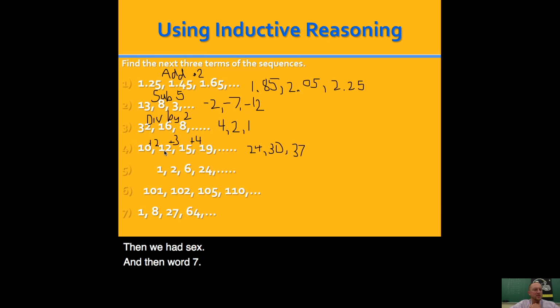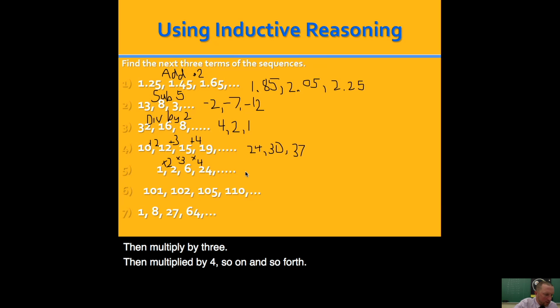This pattern is similar to this one, except we're not adding from one to the other. We're going to multiply by 2. Then multiply by 3. Then multiply by 4, so on and so forth.